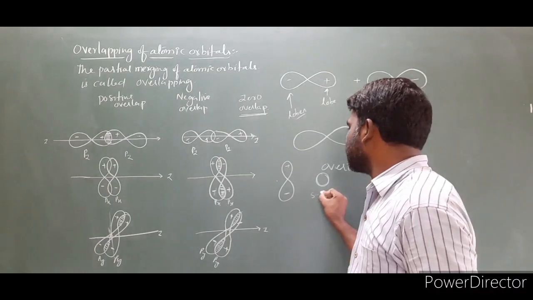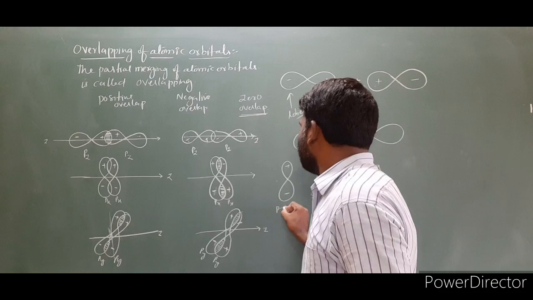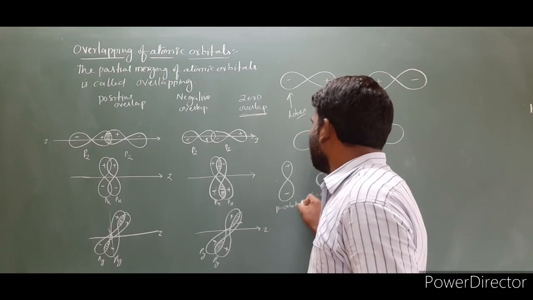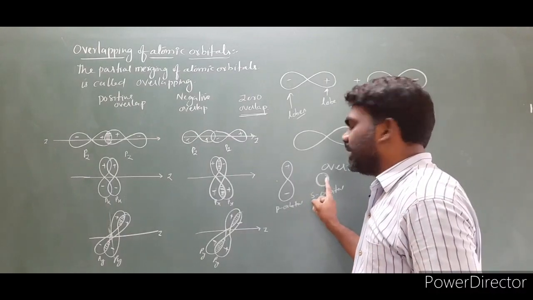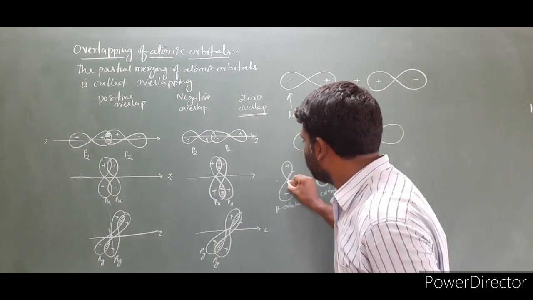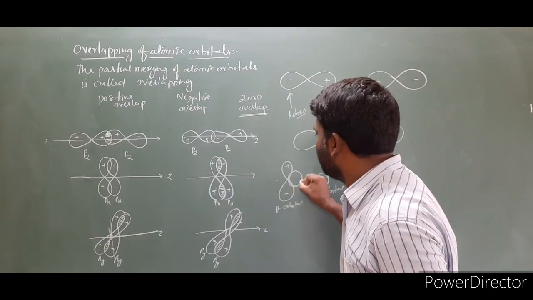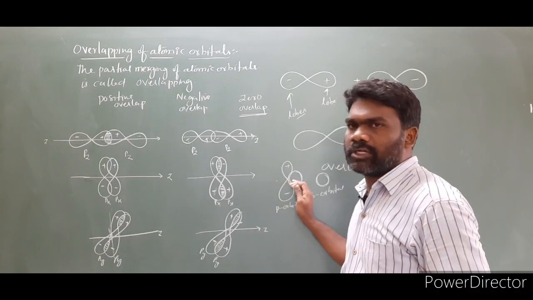I am labeling this as the s orbital. This is a p orbital. If this s orbital overlapped at this region, this overlapping is called a zero overlap, because overlapping is not possible.